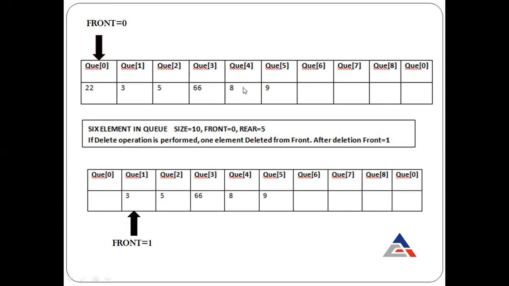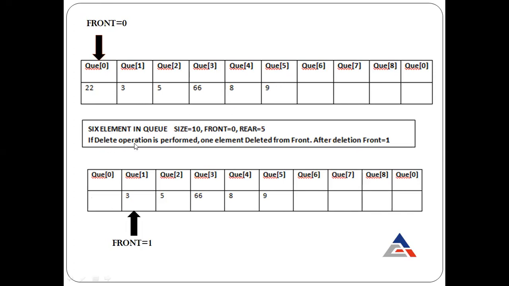My first element starts from 0 and the 6th element is at location number 5, because the queue starts from 0. So 6 elements are in the queue. Total size is 10. Front is 0 and rear is 5.